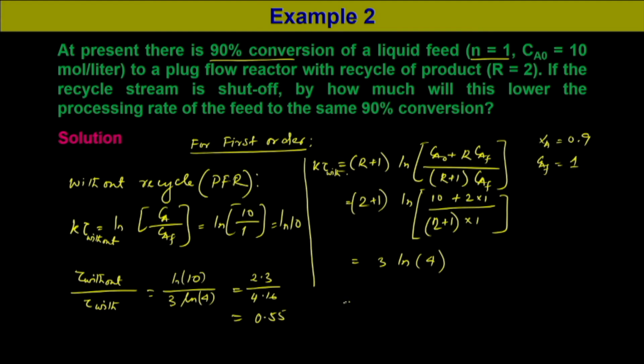So, hence we can write tau without would be equal to 0.55 tau with recycle. So, that means we can see that without recycle is better.